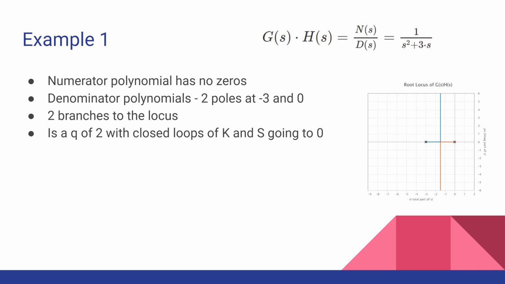Based off of that, we can figure out that it has 2 branches in the locus, as well as that it will go to infinity for k and s in terms of our q. And with that, a graphical visualization is we're going to put those poles at -3 and 0. And then from there, based on there being 2 branches, we're going to go towards each other and then split up and down based upon it being symmetrical.